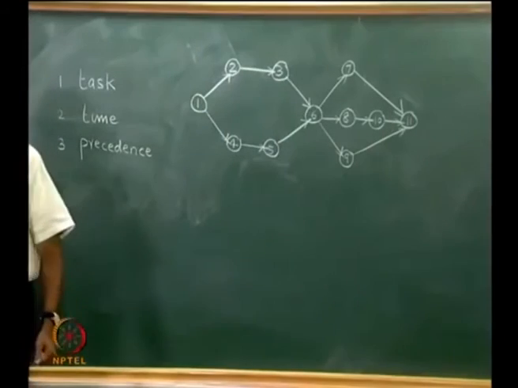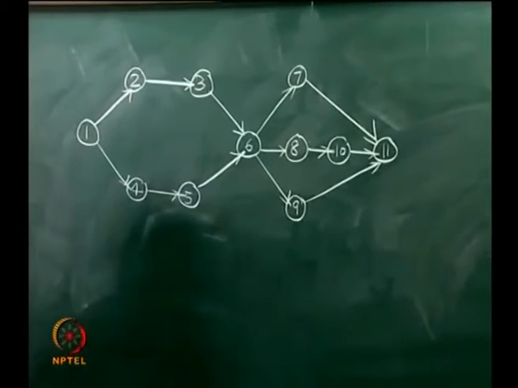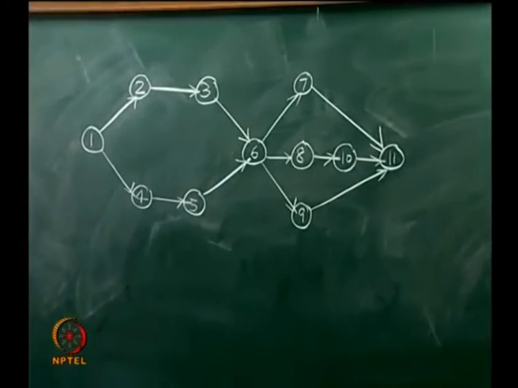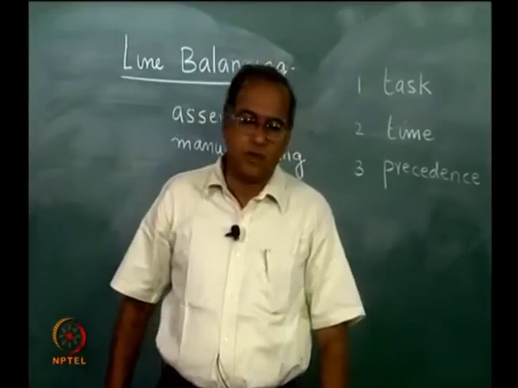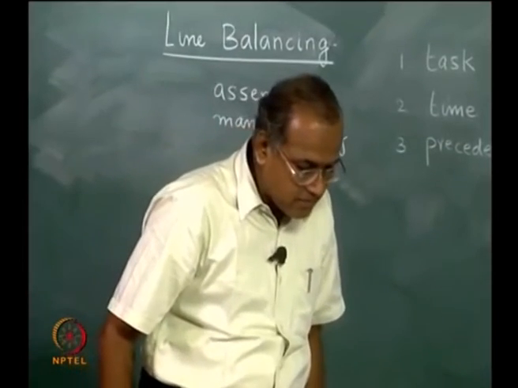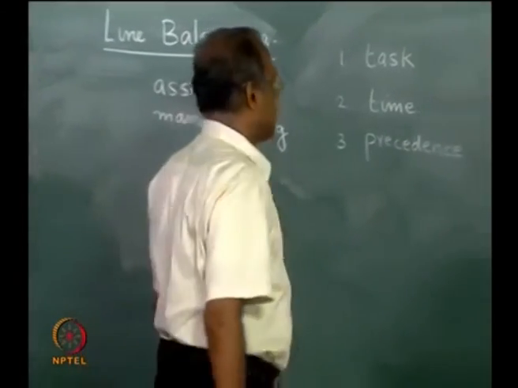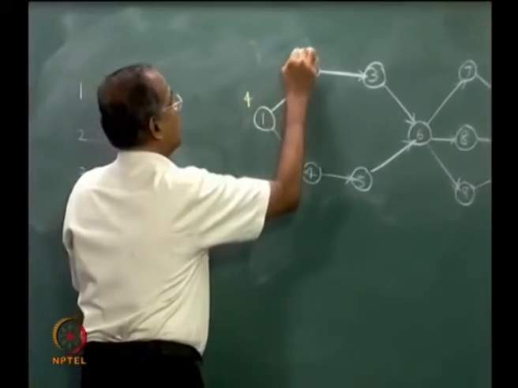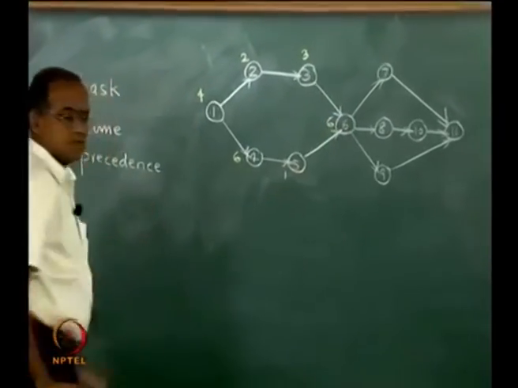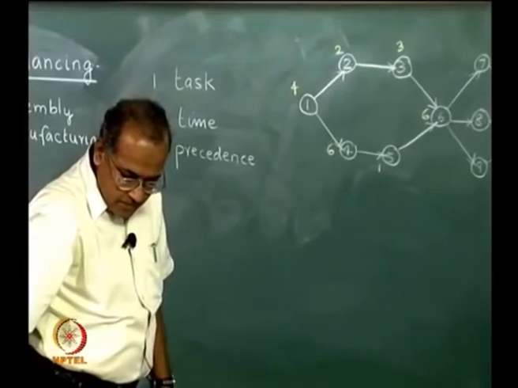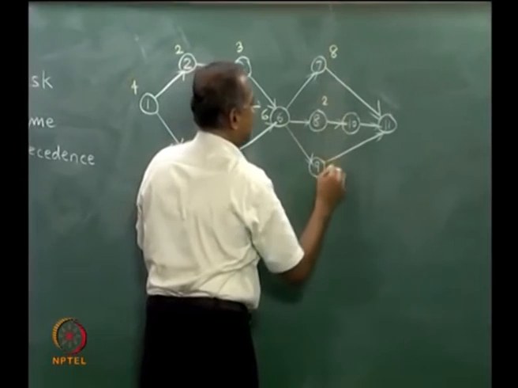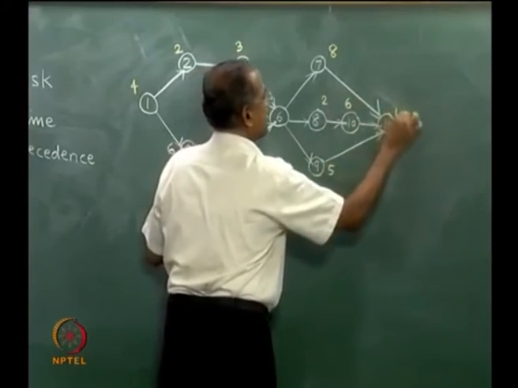So, this network shows an assembly line balancing problem with 11 tasks, which are shown as 1 to 11 as nodes of the network. Now, the task times are 4, 2, 3, 6, 1, 6, 8, 2, 5, 6 and 4.